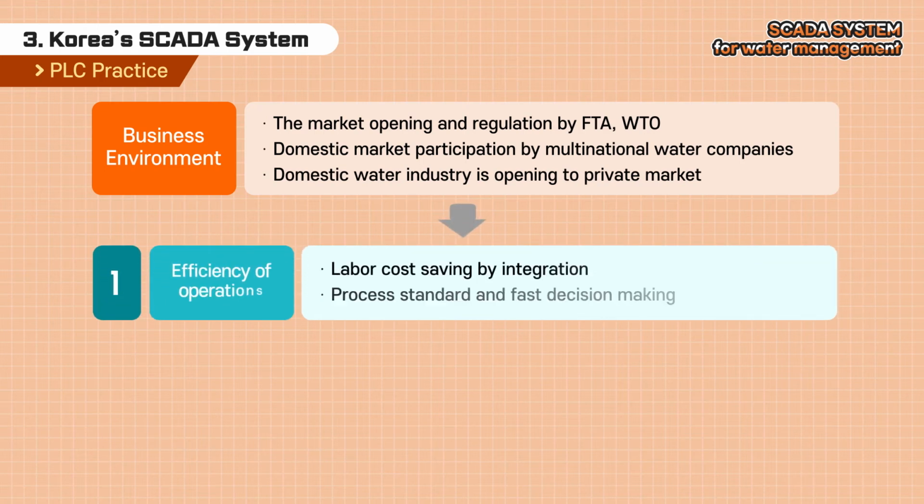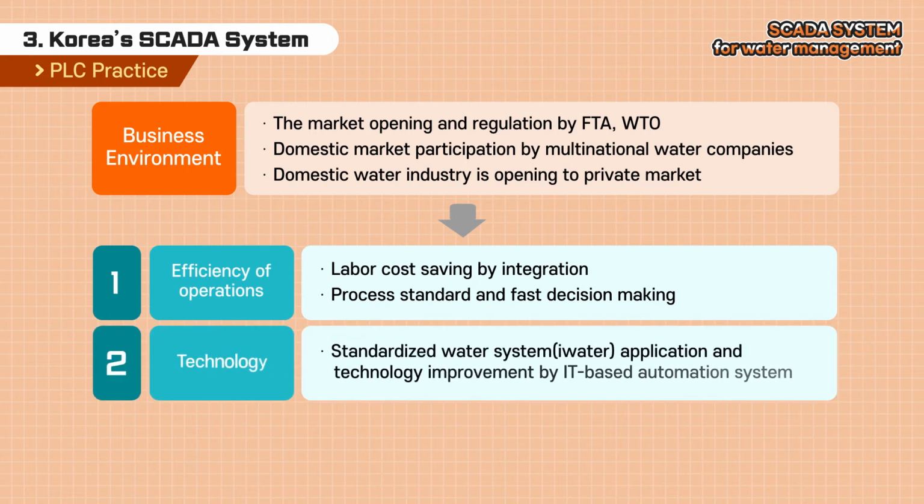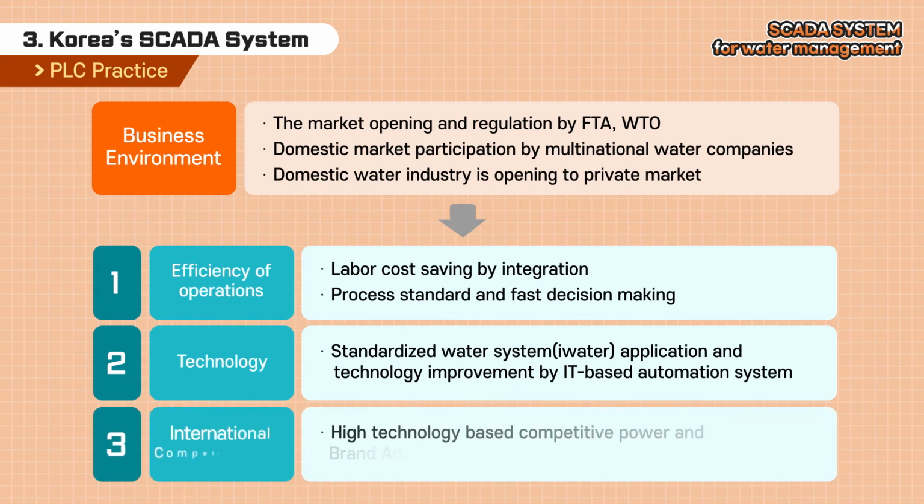The integrated operation can yield results such as labor cost reduction, process standardization, and fast decision-making processes in terms of the efficiency of operations, IT technology-based automation system, and standardized water system application in terms of technology, improvement, and high technology-based competitive edge, and brand advantage in terms of international competitiveness.